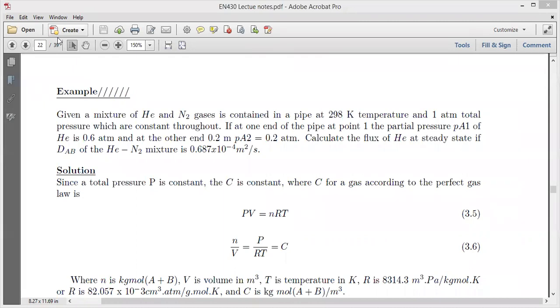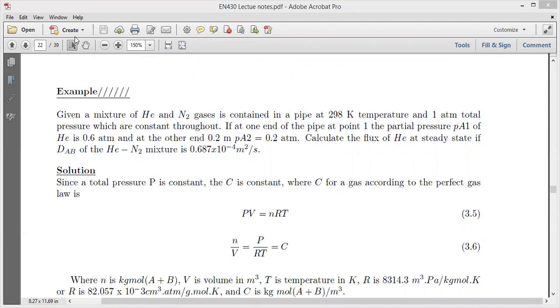If at one end of the pipe, at 0.1 meters, the partial pressure PA1 of helium is 0.6 atmospheres, and at the other end, 0.2 meters, the partial pressure PA2 is equal to 0.2 atmospheres.